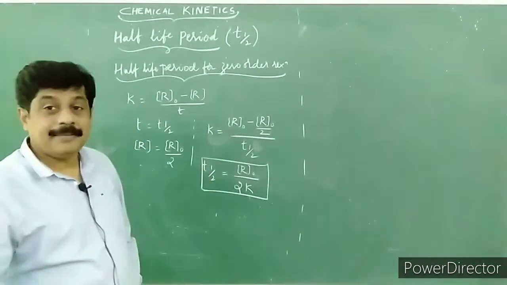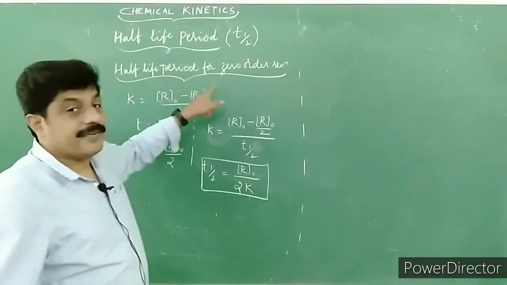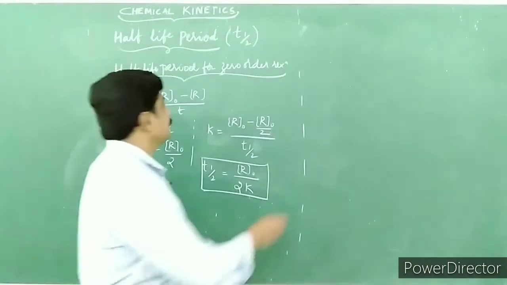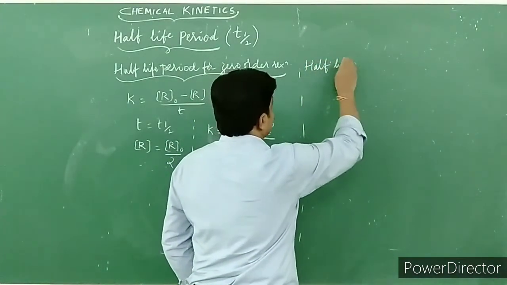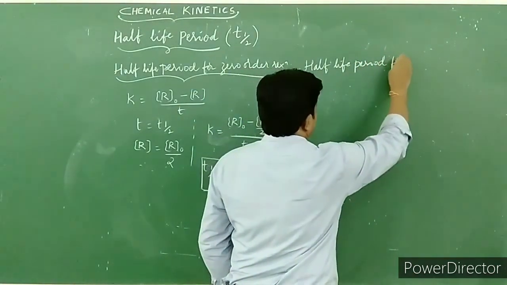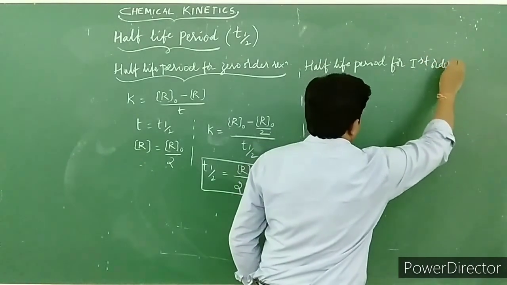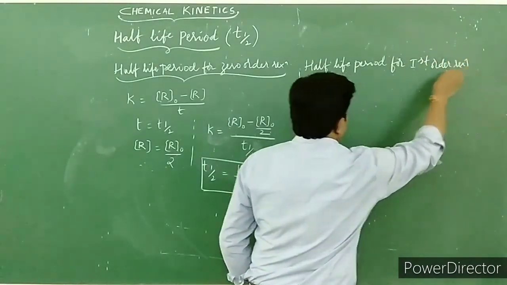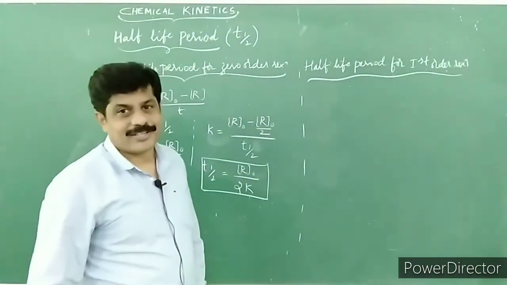Similarly, children, let me take up the second one. What is that? Half-life period for first order reaction. And you know the expression for integrated rate equation for first order reaction. How do I write that?